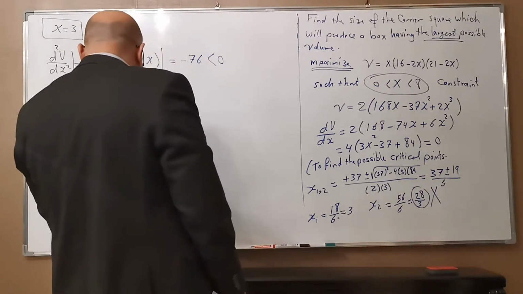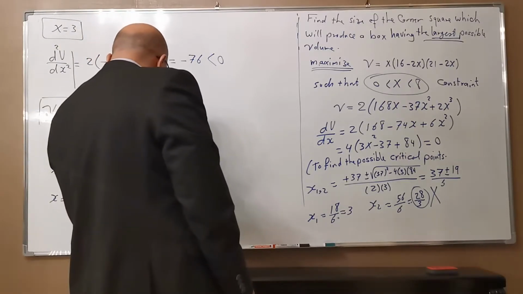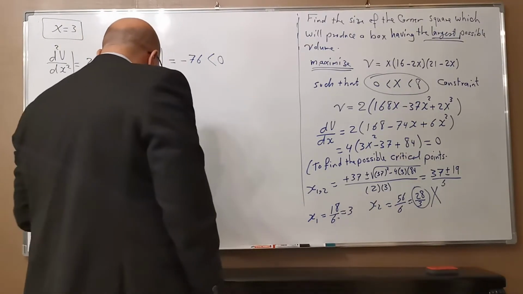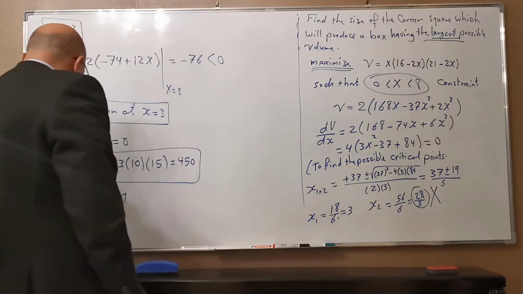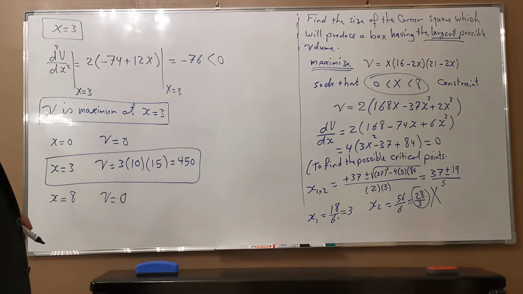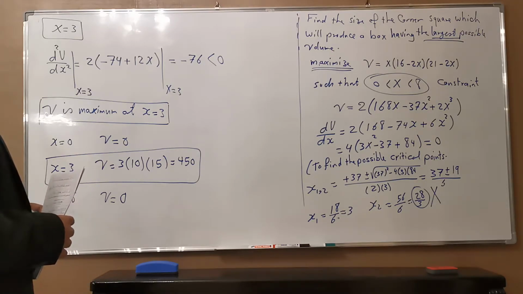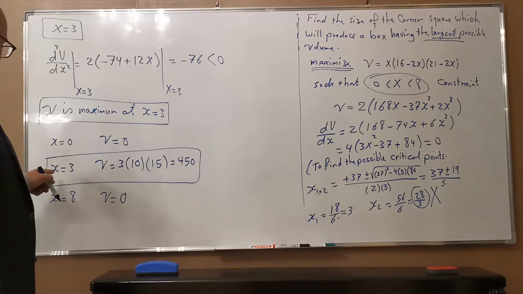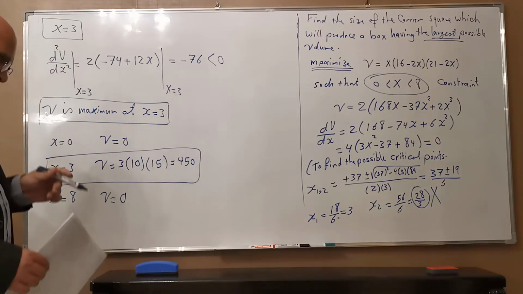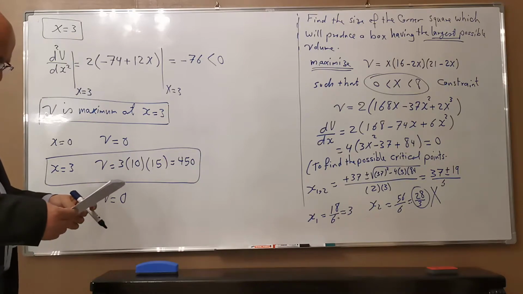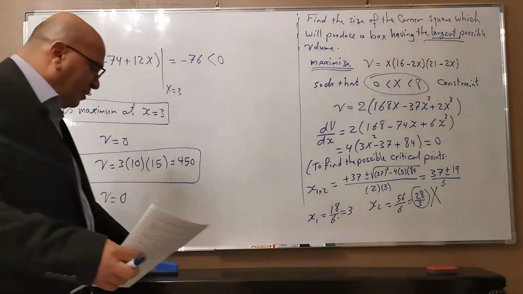So 15 times 10 is 150, times 3 is 450. So our maximum volume for x equals 3 is 450. So this is the maximum value that we will get for x equals 3. So this is one example of how we usually find the minimum or the maximum.